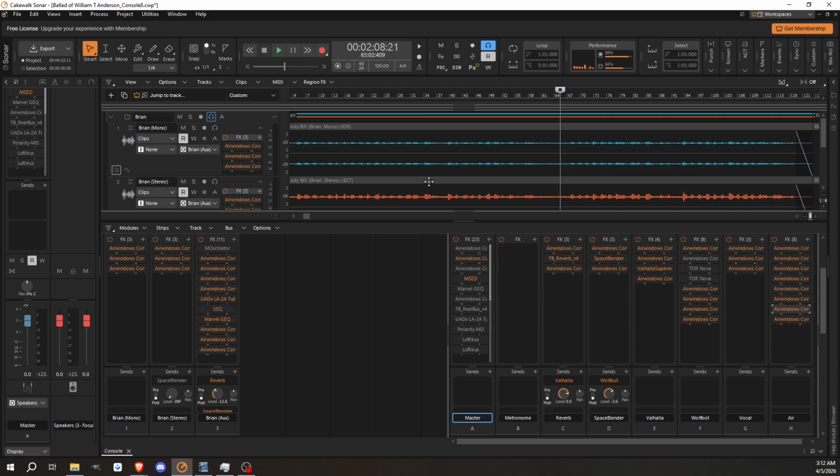And I'm not going to do 2 full passes through the song this time. I'm just going to start, I don't know, right here. I'm going to start with my control bandpass, which is TDR Nova.